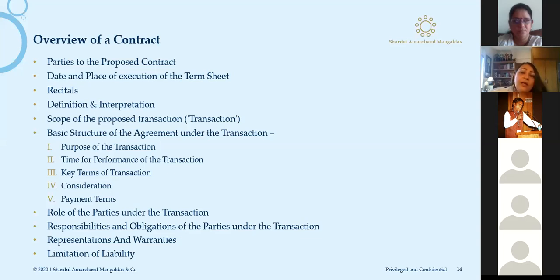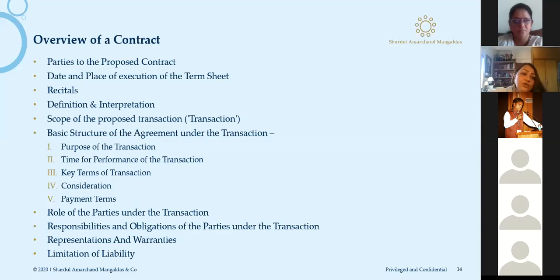Otherwise, every time I use the word product, I'll have to say so-and-so product, which is of specifications X, and with this kind of chemical analysis. Instead, once I define it, I don't need to repeat it in the contract. So there are various definitions that get defined, and it's a very important thing.